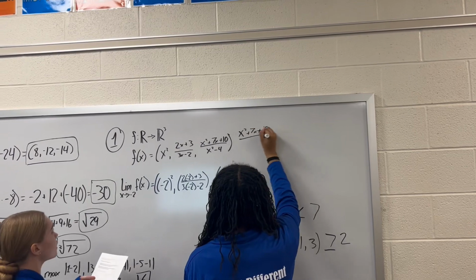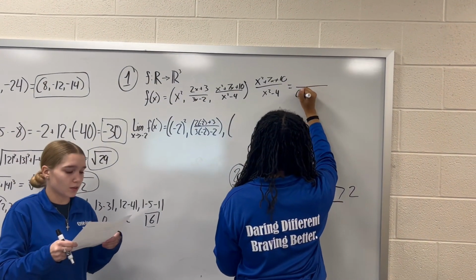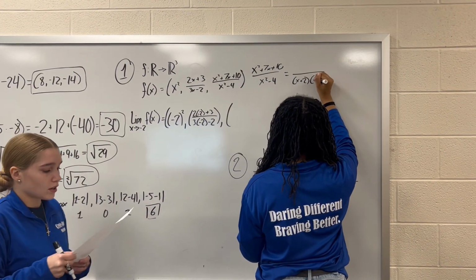Moving on to number 1, for the limit, as r goes, 1 input goes to 3 outputs.